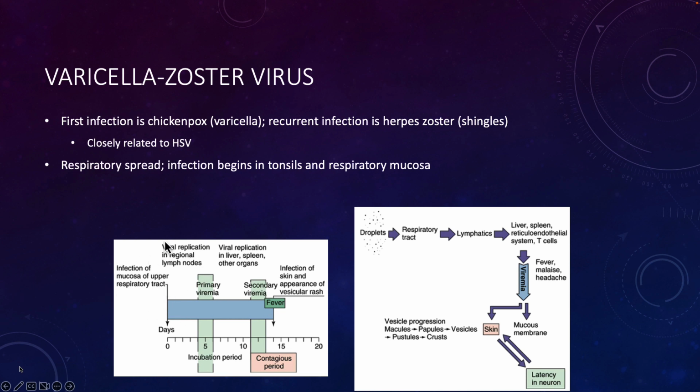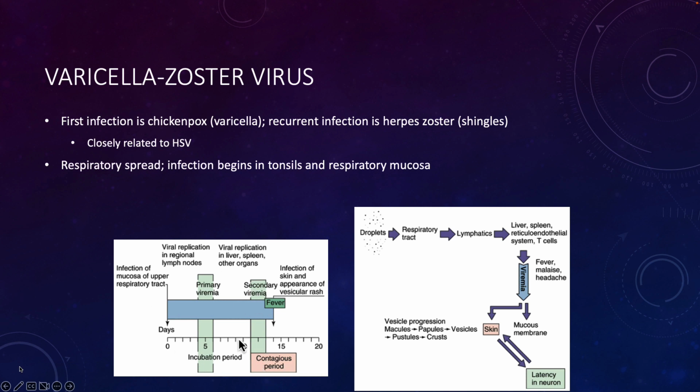You can get viral replication in regional lymph nodes, and then primary viremia, where the virus is being transmitted through the body, viral replication in liver, spleen, and other organs. And then you get a secondary viremia, and this is when you get infection in the skin. During infection in the skin, you get the formation of a rash, you have fever, and during this secondary viremia is when the patient is contagious.